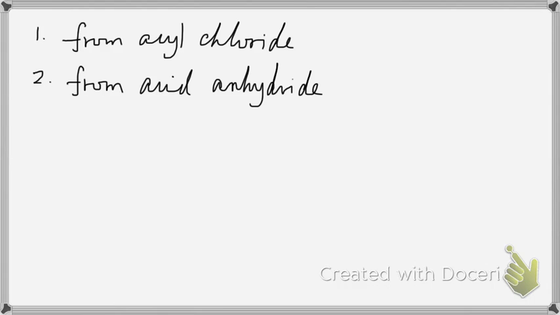So let's take a look at the first two now, because they have something in common. When we use acyl chloride to make amides, the byproduct will be HCl, which is an acid. When we use acid anhydride to make amides, the byproduct will be a carboxylic acid. It's also an acid.